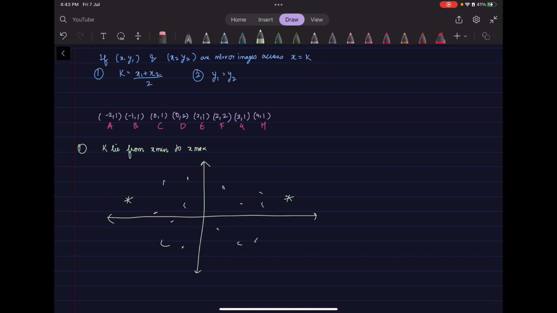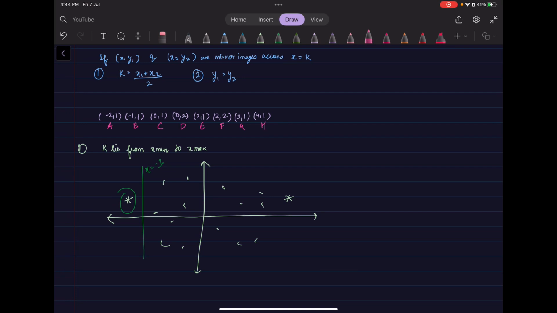So if I say that there is one brute force method, let me assume that the axis across which all these points are mirror images is this. The equation of this could be some x equal to minus 3. I could check that for x equal to minus 3, am I able to find a point corresponding to this point from the given points?